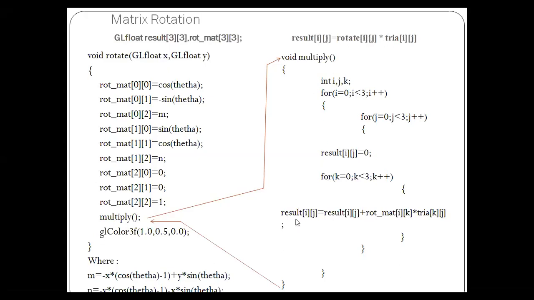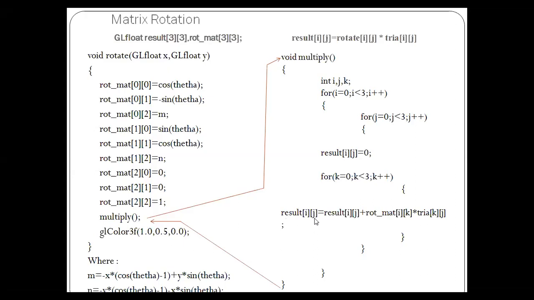And this result of i j contains a 3 cross 3 matrix, which contains the rotated matrix coordinates. As TRIA of 3 cross 3 was containing the actual triangle coordinates, now result of i j will contain the rotated matrix coordinates. So next I need to draw this result of i j to get the triangle which has been rotated.